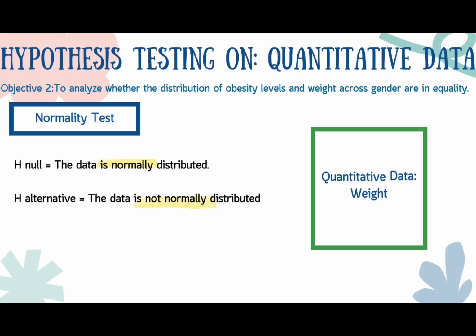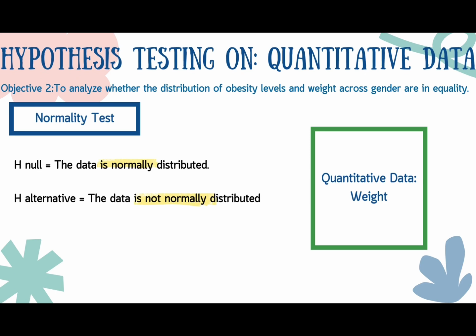In order to achieve Objective 2, a normality test is firstly carried out with 95% confidence interval. This is because the variable that is used is quantitative data, which is the weight. This is to determine whether a parametric test or non-parametric test is needed to test the variables.